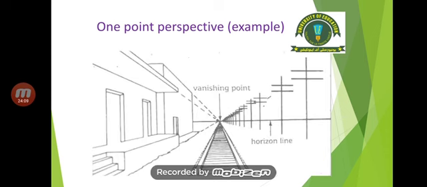Here is another example of 1 point perspective. Here we can easily see a railway track where all the poles are gradually narrowing down, and all the lines of that building at the left are meeting at one point, which is the vanishing point, and the vanishing point is exactly on the horizon line.